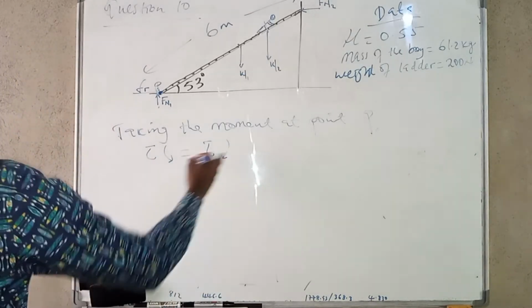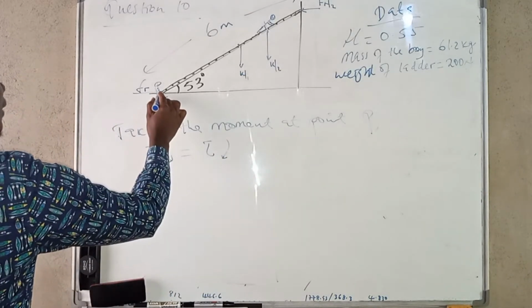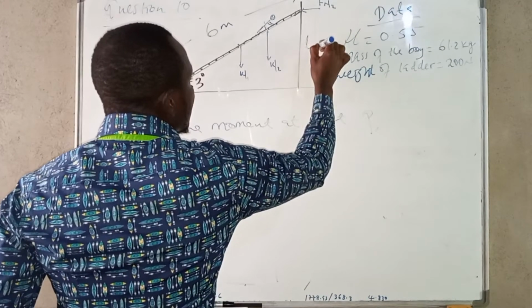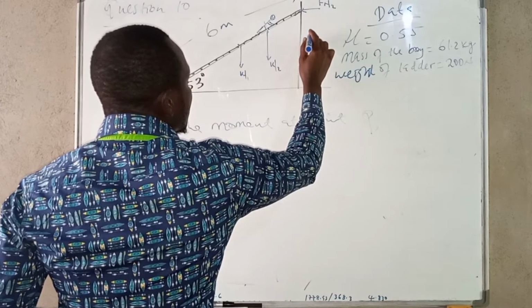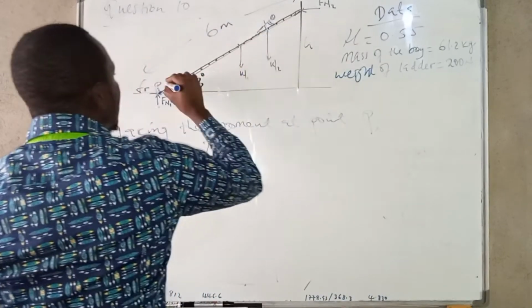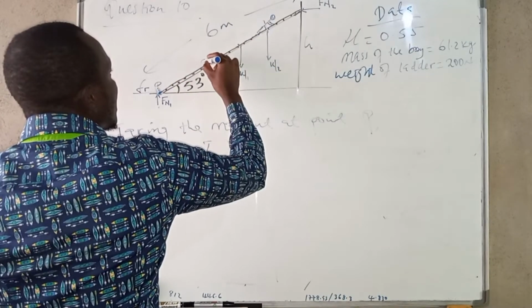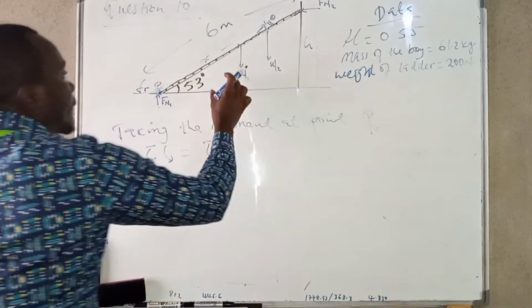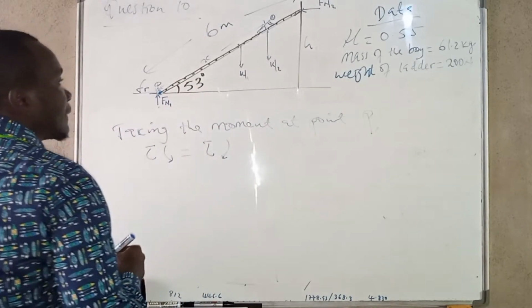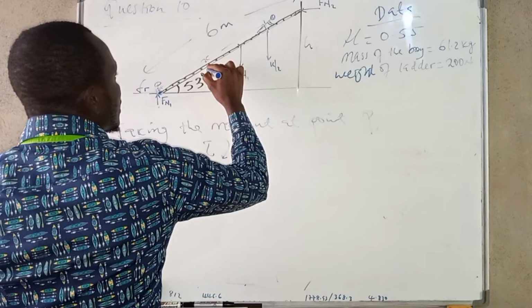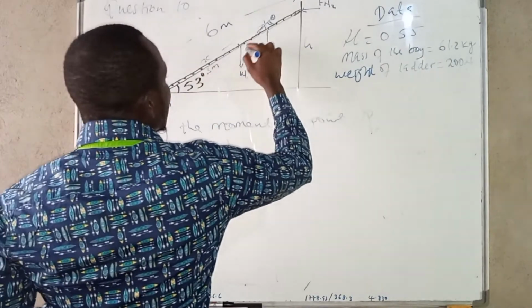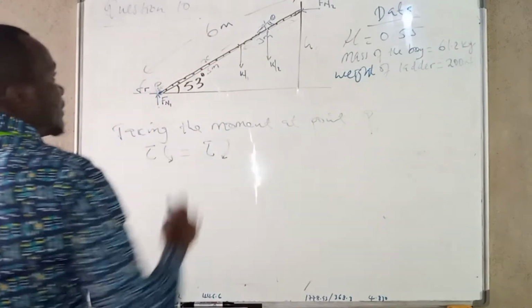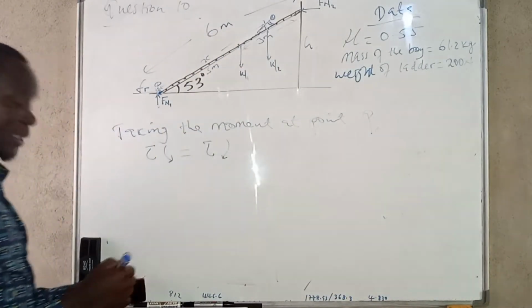So now, let's call this height h, and the distance from this point to this point, let us call it x. Then from this point to where the weight is, this will be 3 meters, and the other half will be 3 meters, since this is 6 meters and the weight is actually in the middle.